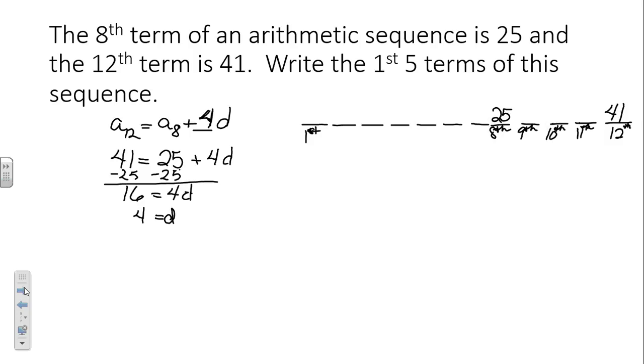So the 8th term, a sub 8, is equal to the first term plus 7 common differences, and our difference is 4. Our 8th term was 25.